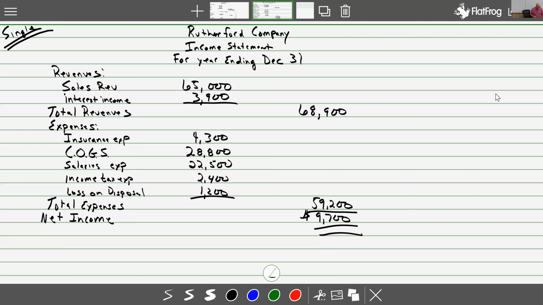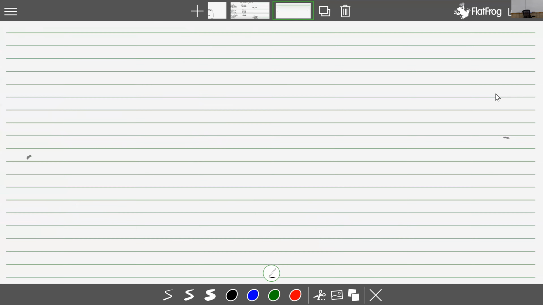The more common used is the multi-step income statement. So again, we have Rutherford Company. Income statement. For year ending December 31st.